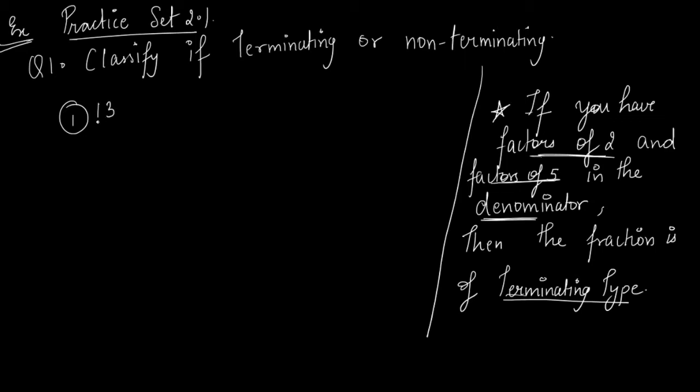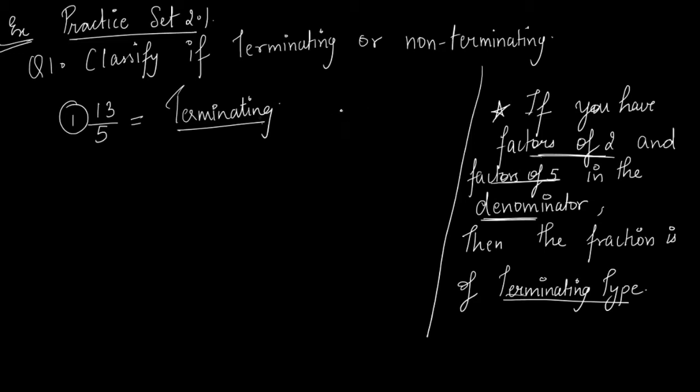Okay, so let's take down the example. The first example is given as 13 upon 5. Now if you look at 13 upon 5, what is there in the denominator, children? It's 5. So this is a factor of 5, so obviously this is going to be a terminating decimal number.